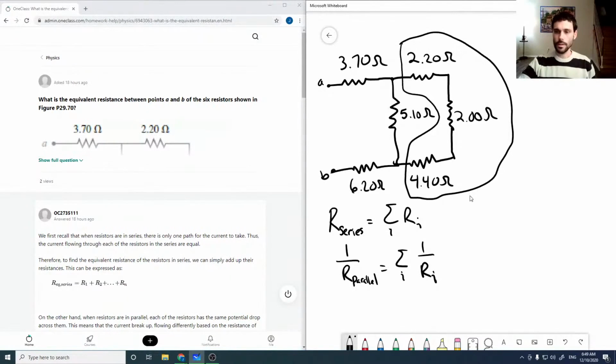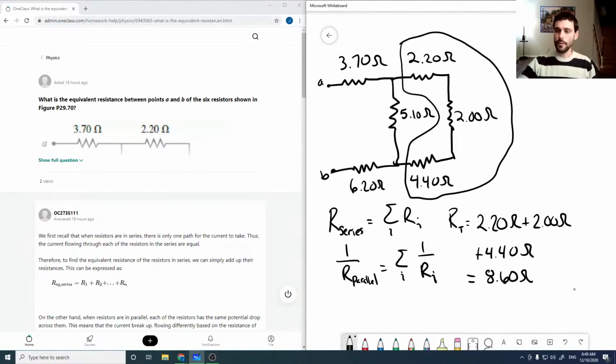So first, let's start off with that. So the total resistance there is just, because it's in series, the sum, so 2.20 plus 2.00 plus 4.40, and that comes out to be 8.60 ohms.